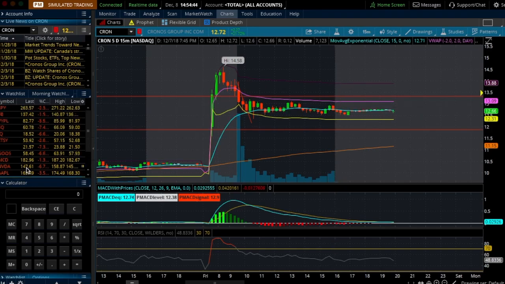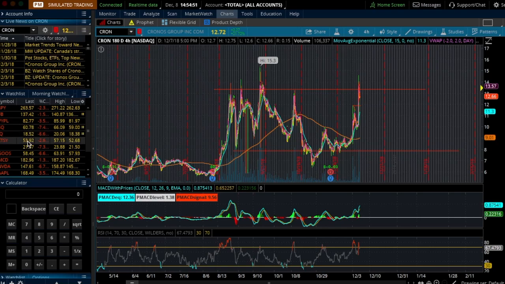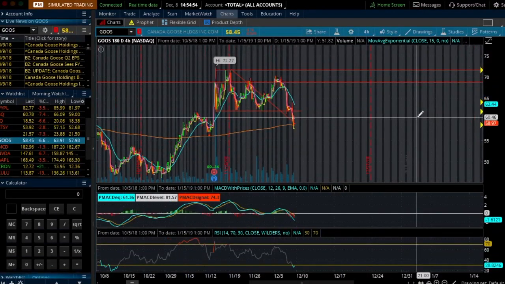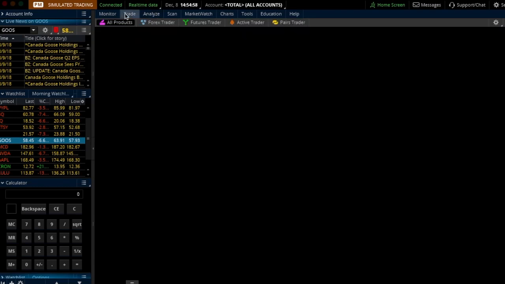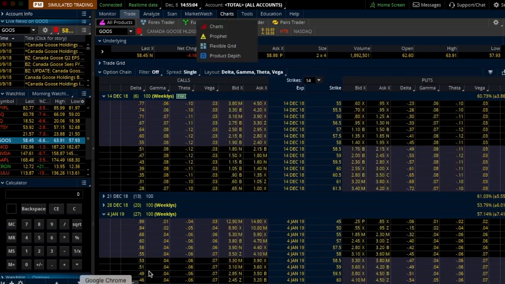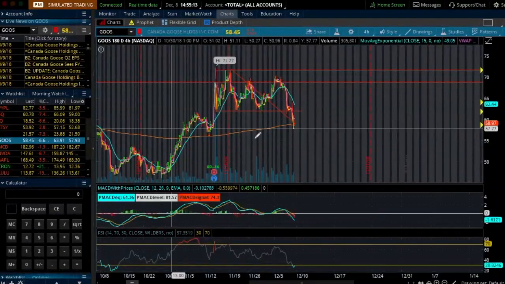What I am looking forward to for this coming week is, let's see what I have going on. I have a GOOS 63, not exactly sure, but I think it's a 64 strike price call.